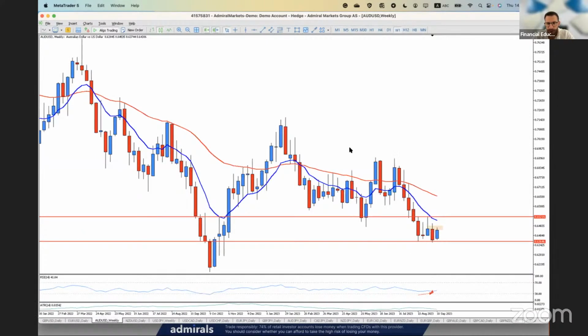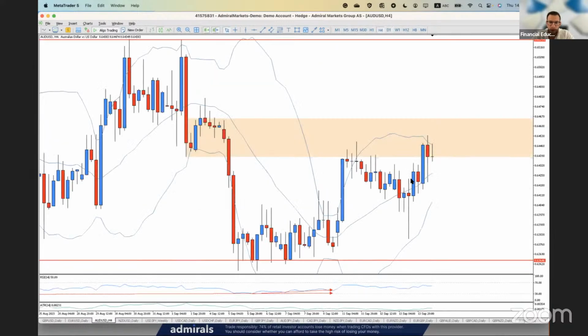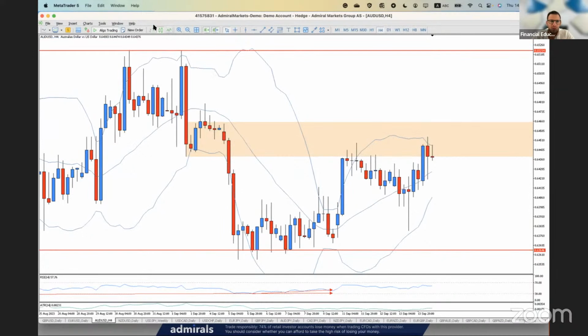Here it's a double bottom, and the price this week on the daily chart, you see this is the Monday, that was the 11th. After this bottom here on the daily as well, 4 hour, of course. For limit order traders, here is the way you could enter the market.